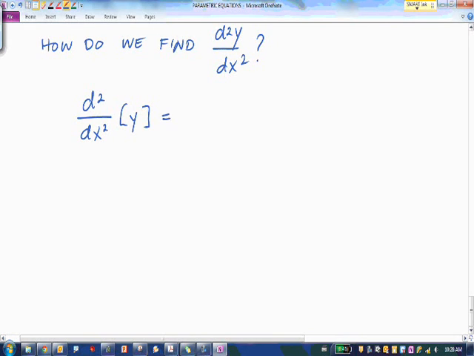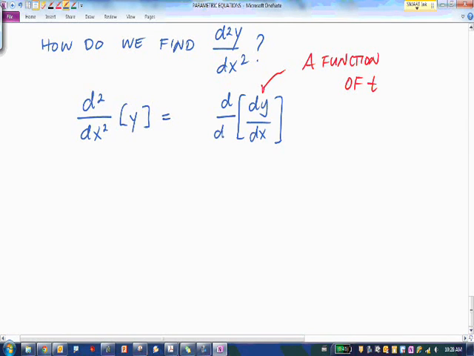Now some students will say, well, why don't we just take the derivative of the first derivative, dy/dx? Keep in mind, however, that dy/dx is a function of time in parametric equations. It's a function of t. So I can't take the derivative with respect to x. I have to take the derivative with respect to t.